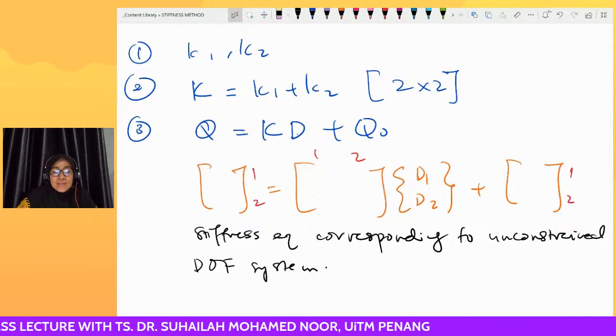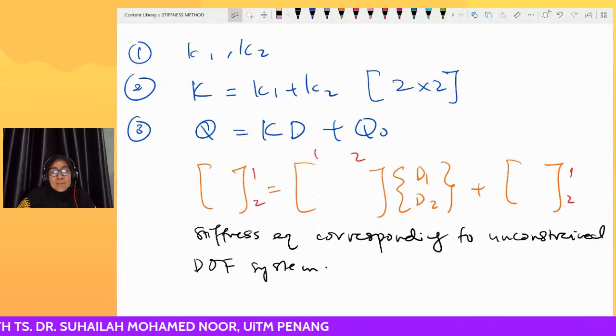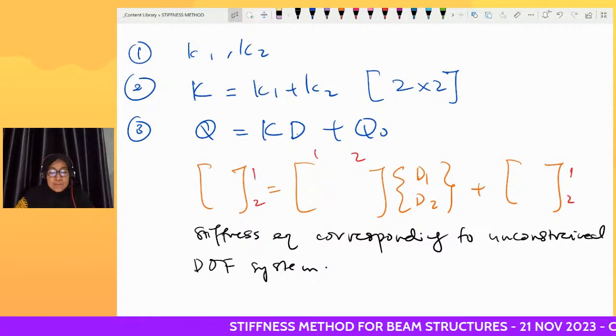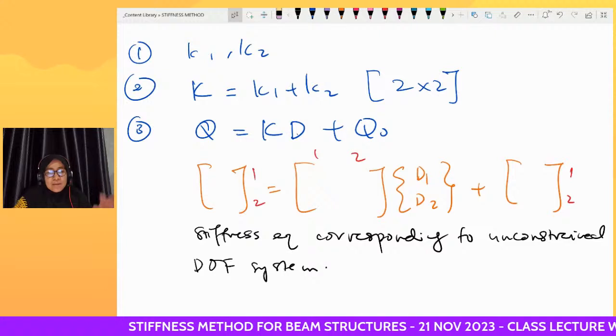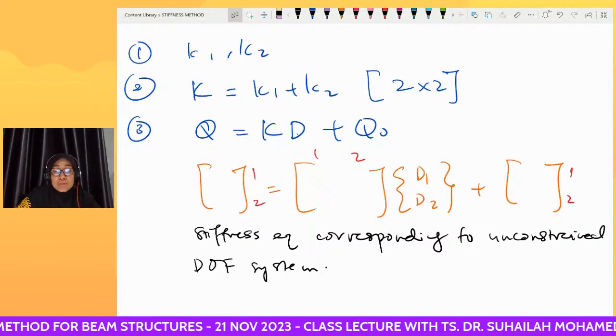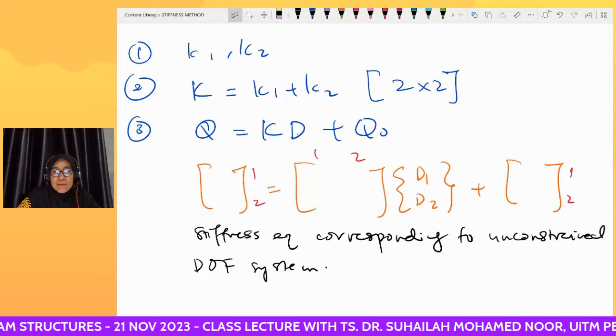But if the question directly asks you to give displacement, you just need to focus on how to get displacement. So actually, you just need to give a short solution because you don't have to give in full.